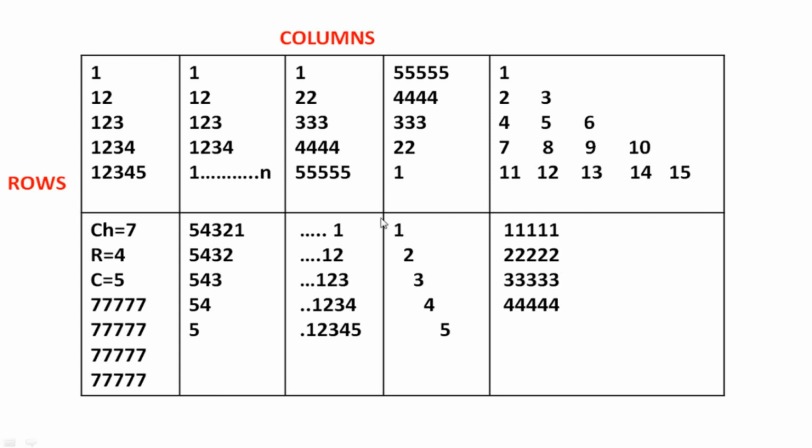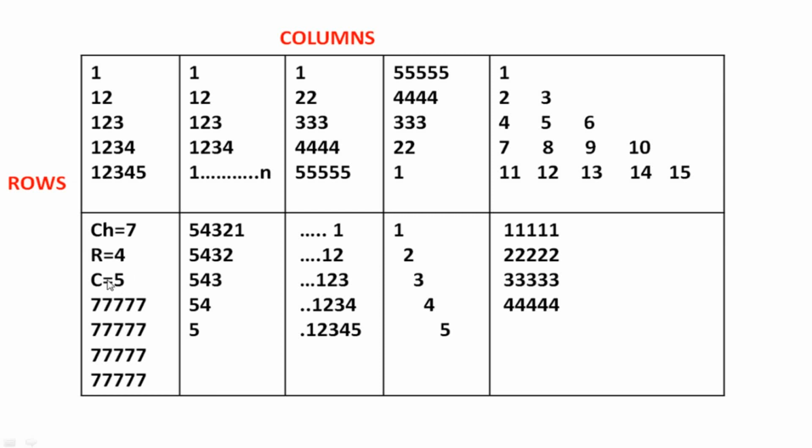So all variations are shown to you, how to work with rows, how to work with columns, how to create gaps in between, then how to print if the triangle goes in a right angle triangle format, and if it goes in inverse format, what you have to do.